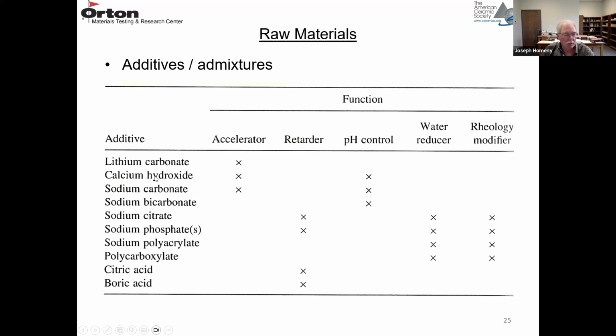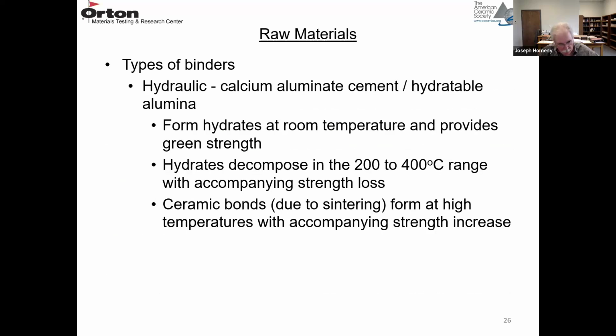So lithium carbonate, calcium hydroxide, sodium carbonate, sodium bicarbonate, sodium citrate, sodium phosphates, sodium polyacrylate, polycarboxylate, citric acid, and boric acid. And you can see where the X's are. That's the property or function they control.